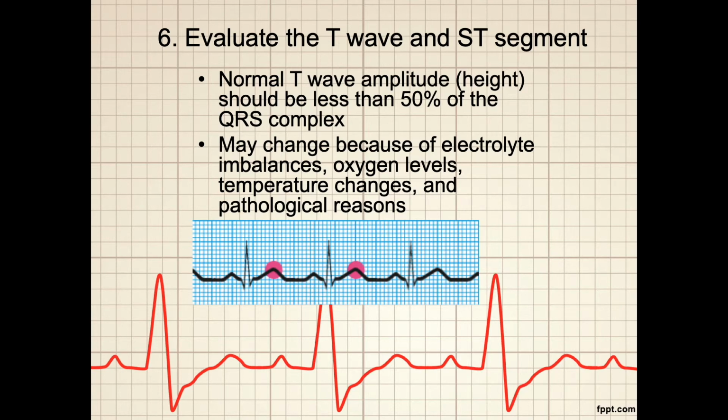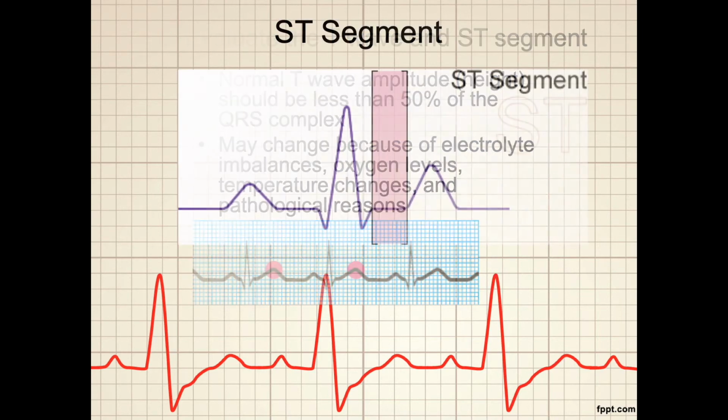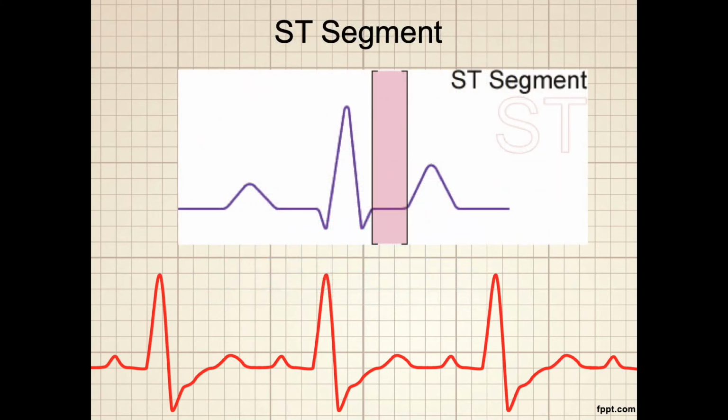It is important that you clearly delineate where the ST segment is and not start counting the ST segment from the S wave. Not using care can result in the nurse interpreting an otherwise normal ST segment as something abnormal or even pathological.